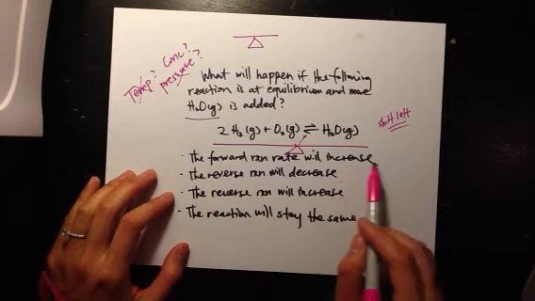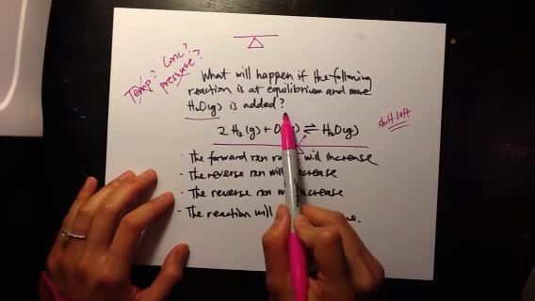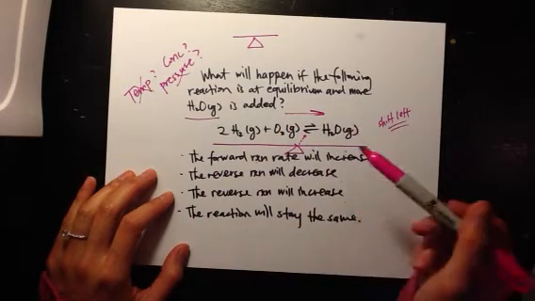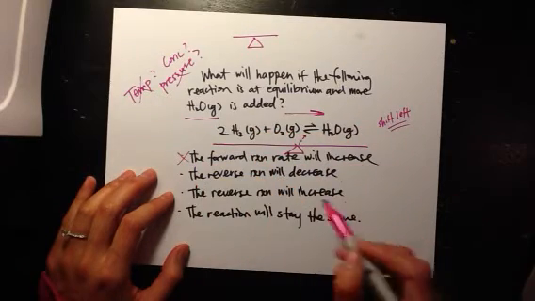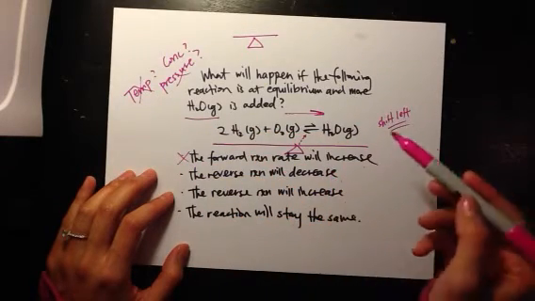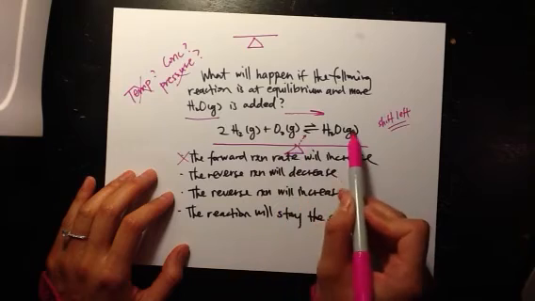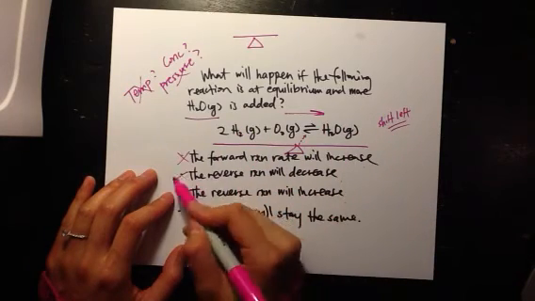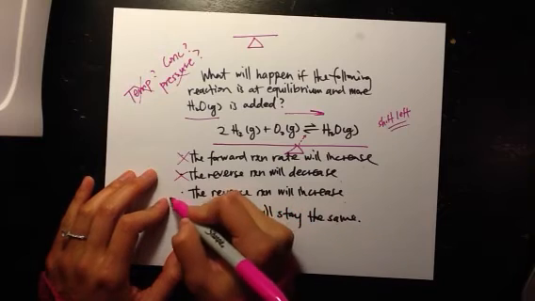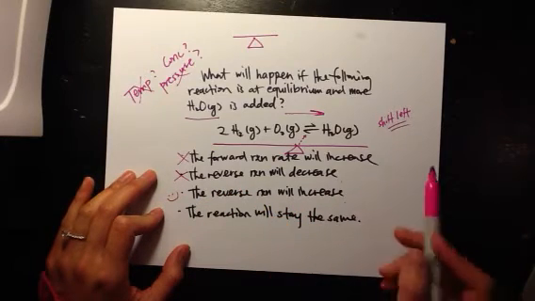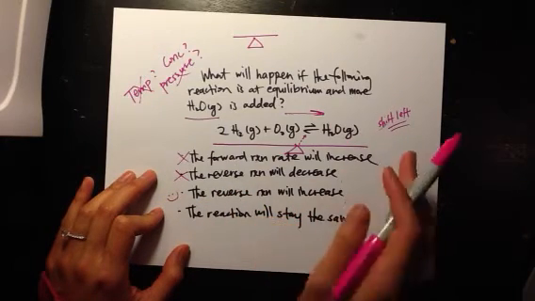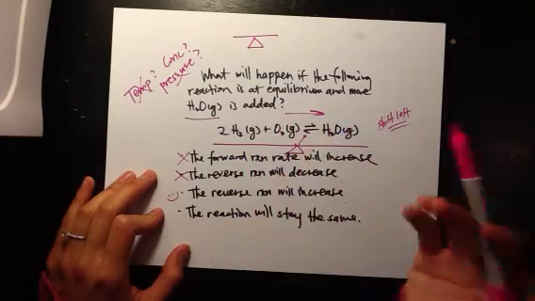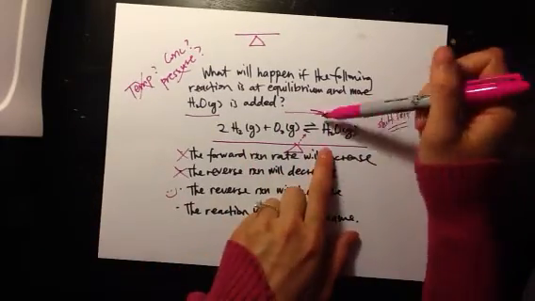Okay. So let's see if we can find any of these that will fit that. The forward reaction rate will increase. Forward is that way. No, it shifts left. Okay, not that. The reverse reaction will decrease. So going this way, this slowed down. No, it shifts left, so it's going to increase. Nope. The reverse reaction will increase. That's your correct answer, right? It's going to shift to the left, and it's going to go faster because you have a lot of this.